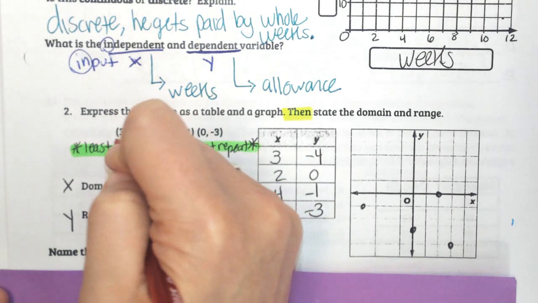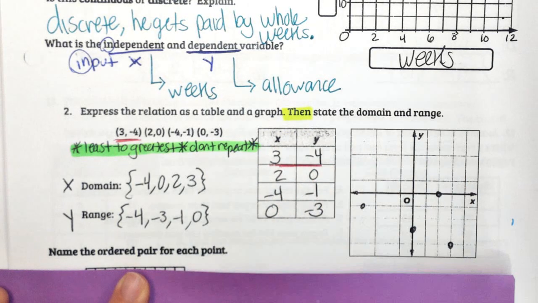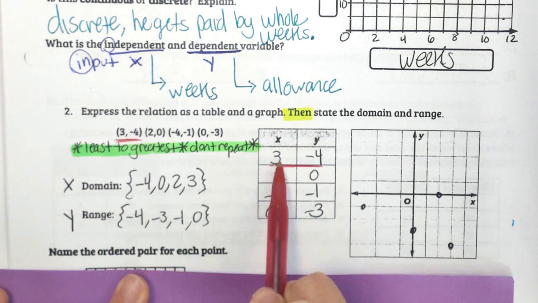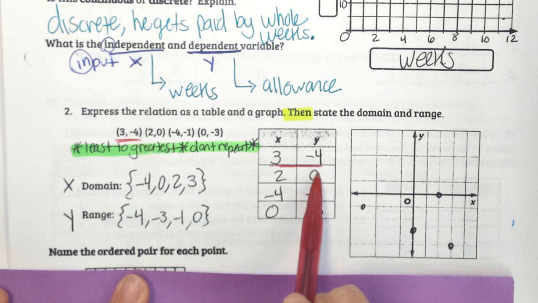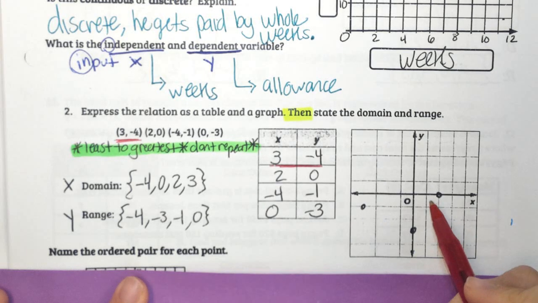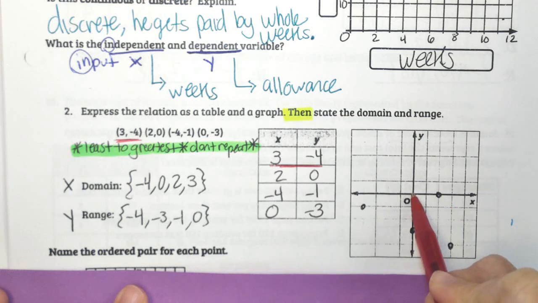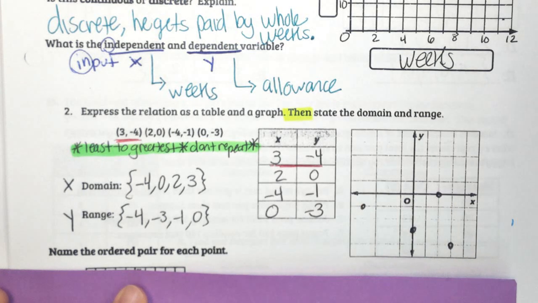It should be going in the table exactly how you are seeing it here. So 3, -4, 2, 0, -4, -1, 0, -3. And that's how you're graphing it too then. 3, -4, 2, 0, -4, -1, 0, -3.